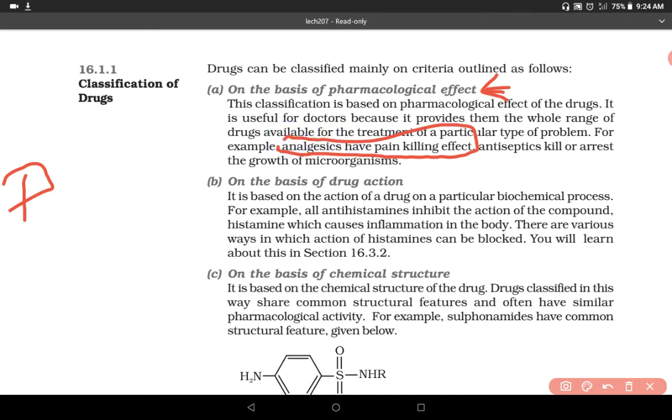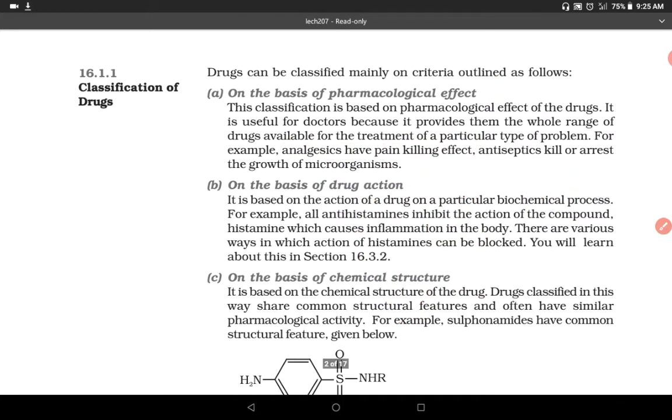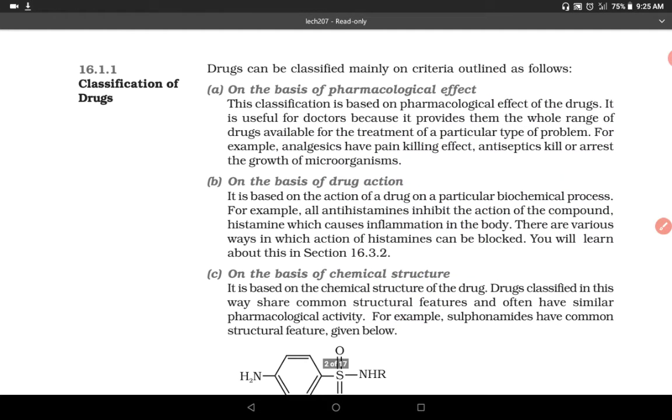If you don't have much knowledge, you have to identify where the pain is, in the leg or hand, and then look for which medicine is better, how to relieve the pain in the leg at a particular site. But on the basis of pharmacological effect, the doctor gets a whole range of drugs available for the treatment of a particular type of problem.